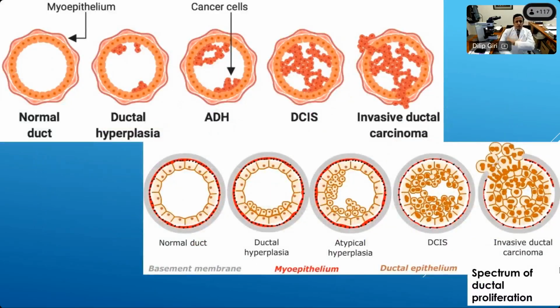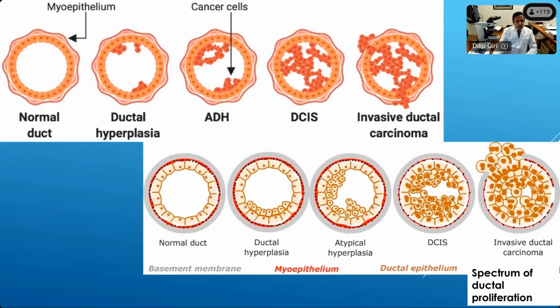Now, this is just to show you a schematic diagram of the progression of intraductal proliferations. This is not really very accurate, but I think this helps us to understand how the life history of intraductal proliferation plays out. So here, for example, is a normal duct.